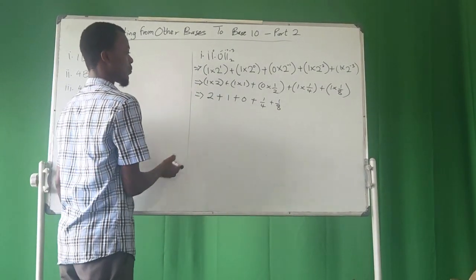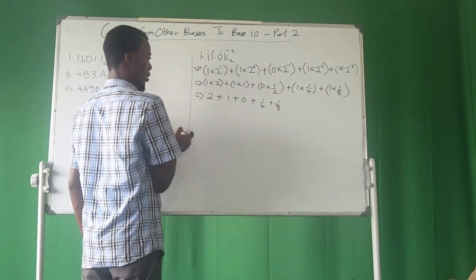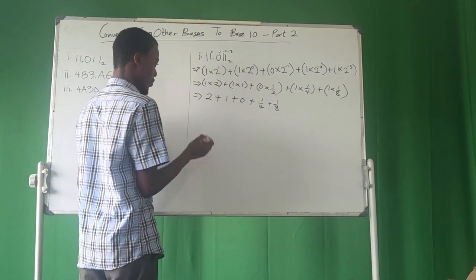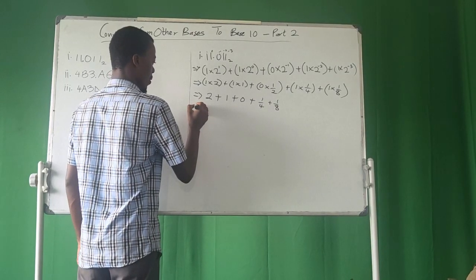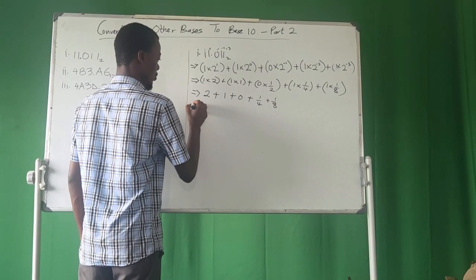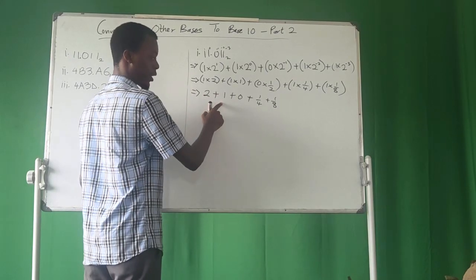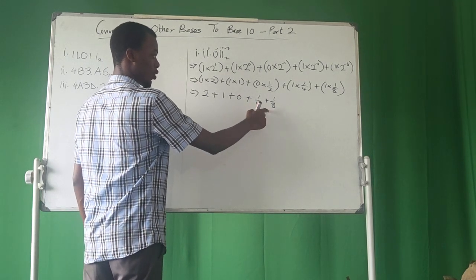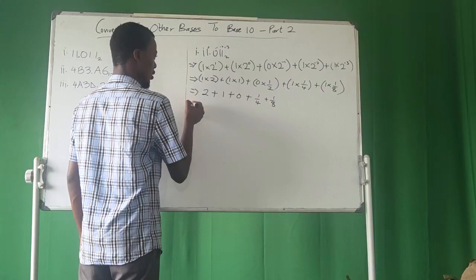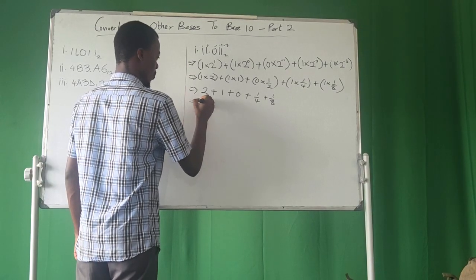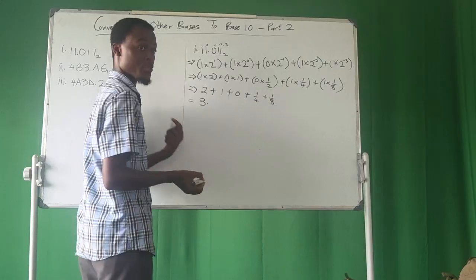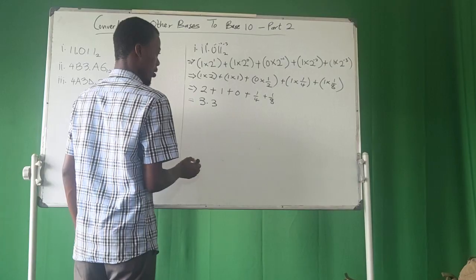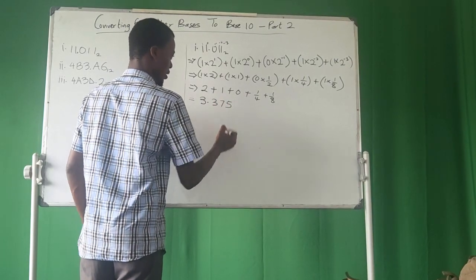Now 2 plus 1 is 3. 3 plus 1 over 4, which is 0.25, plus 0.125. So it's the same as 3 point what? If you use your calculator, you get 3.375.